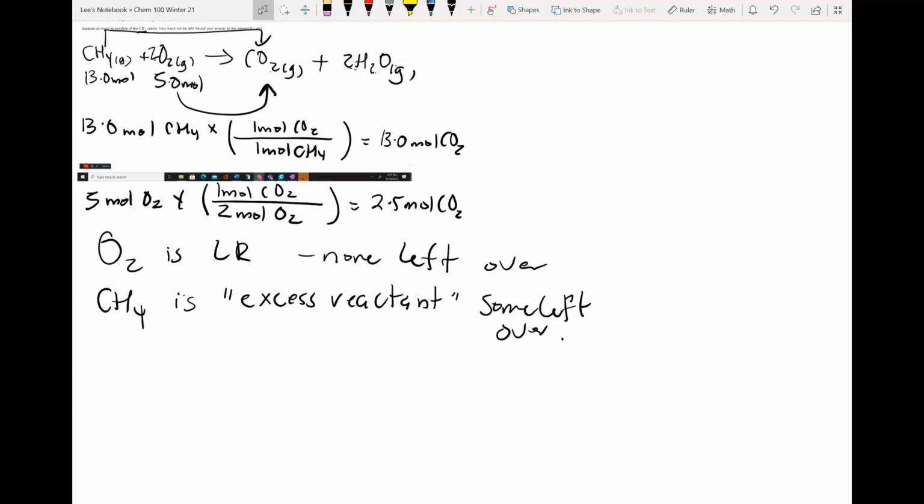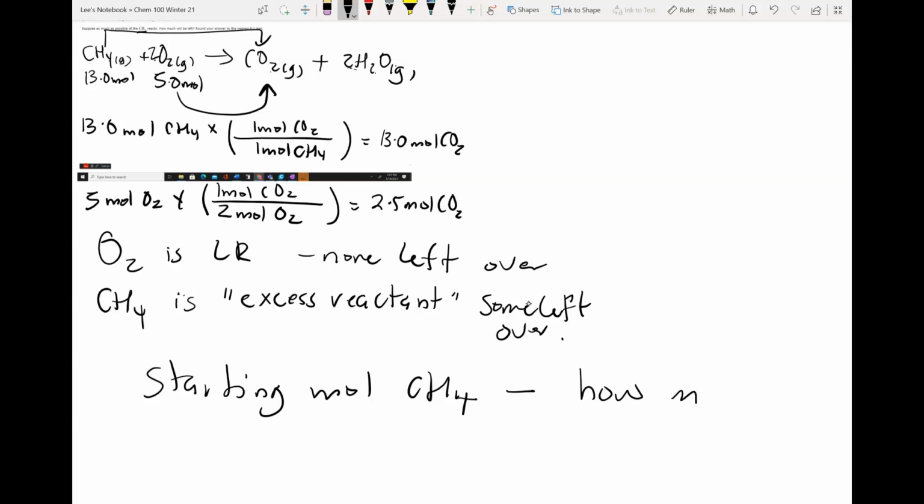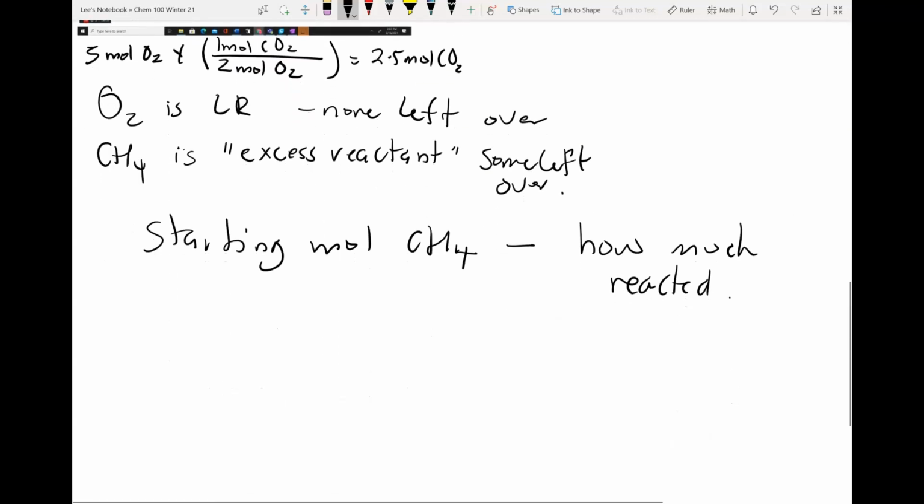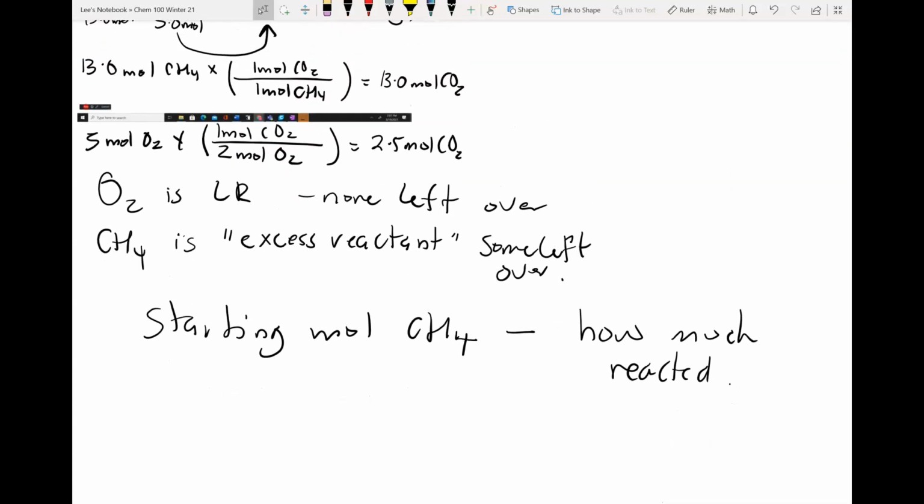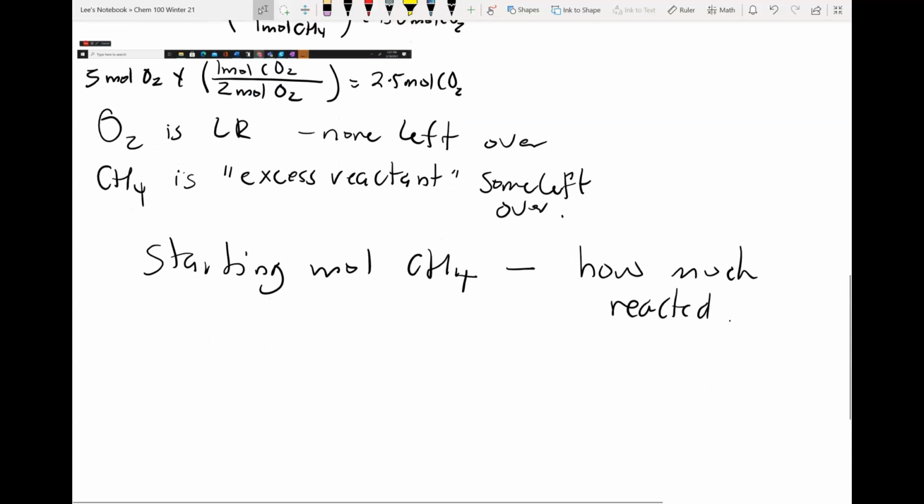So how we're going to do that is we're going to take the starting mole of methane, which was 13, and then we're going to subtract how much reacted. Alright? So what we've got to do is figure out how much methane is reacted.